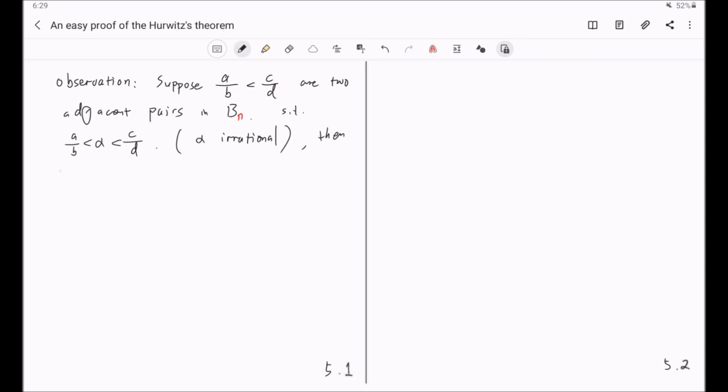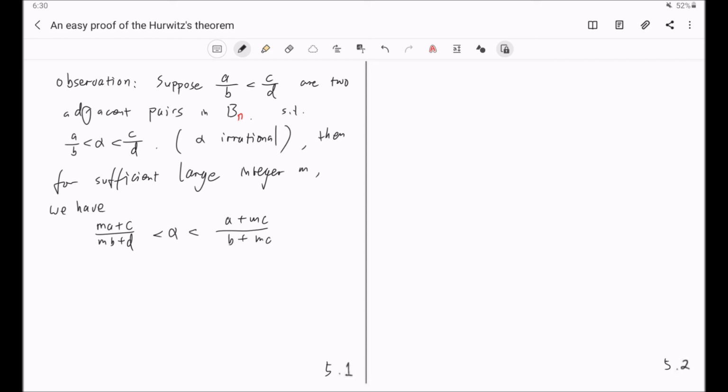Then, for sufficiently large integer m, we have alpha is squeezed between (ma plus c) over (mb plus d), and (a plus mc) over (b plus md).